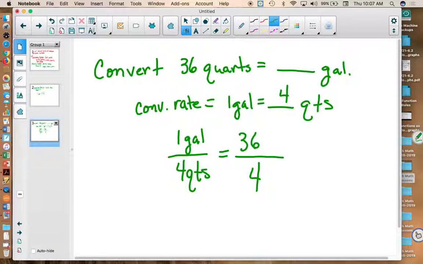You see why I put it over 4? Because if 1 gallon is 4 quarts, if I have 36 quarts, and I know 4 of those make 1 gallon, okay? If I divide 36 by 4, I'm going to find out how many gallons, okay?